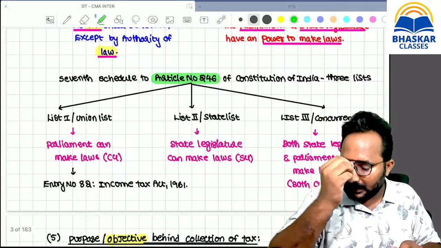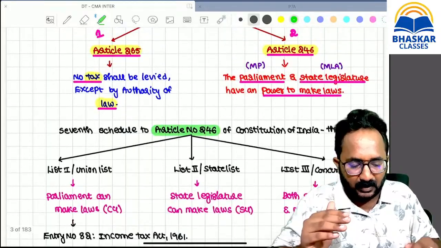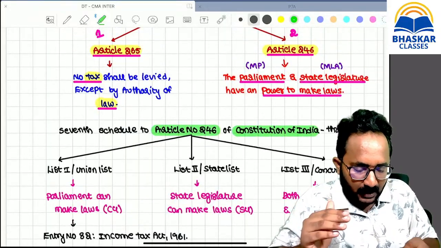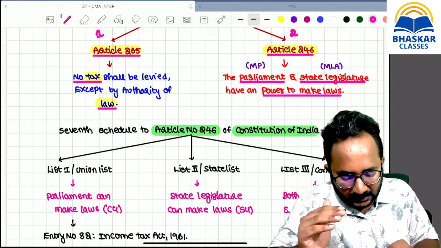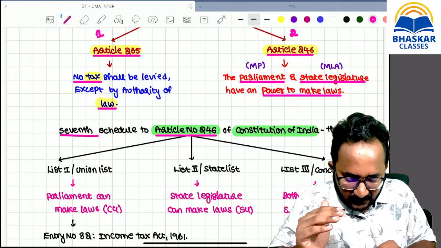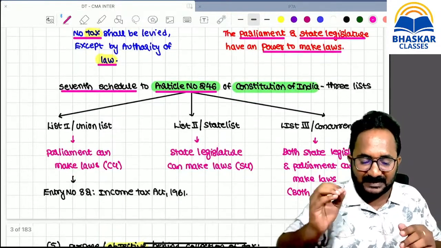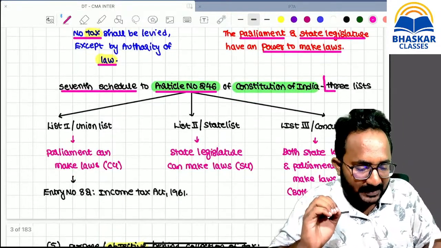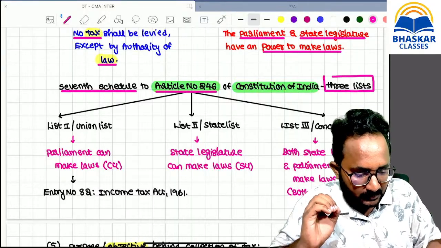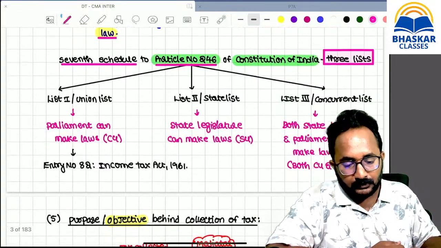Now, if you open the Constitution of India and go to article number 246, within it is the seventh schedule. How many lists does it contain? Three lists.